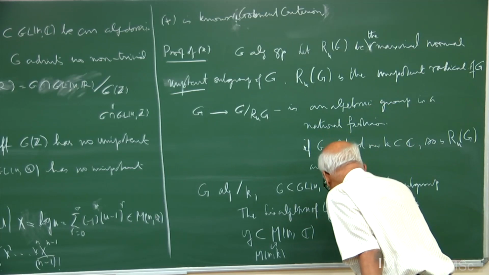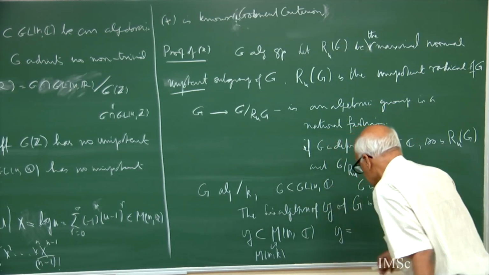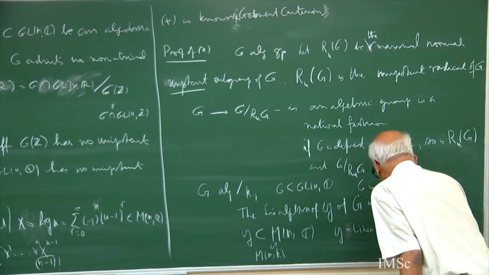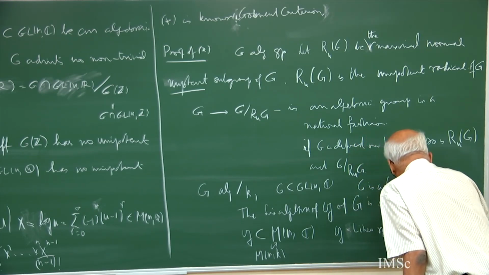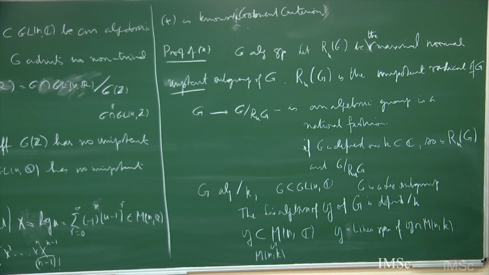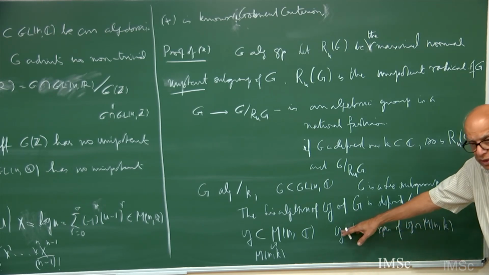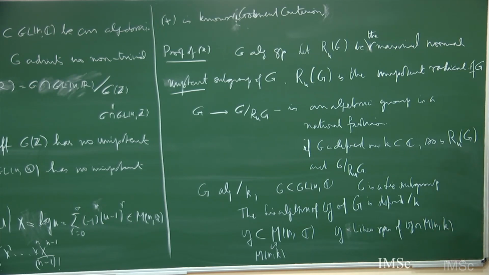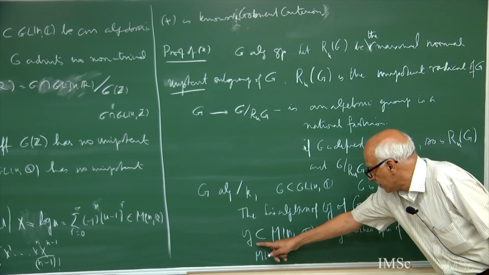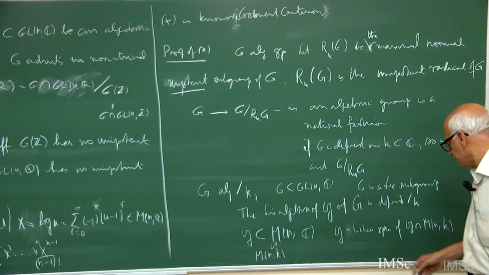What we mean here is that the Lie algebra of G is the linear span of g intersection M_N K. This g intersection M_N K will be a Lie algebra over K, because g is a Lie algebra, so the intersection is going to be a Lie algebra, but defined over K. That is, there is a basis in which the structural constants are all in K.